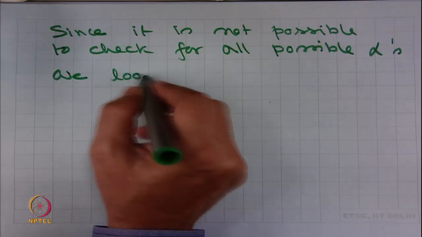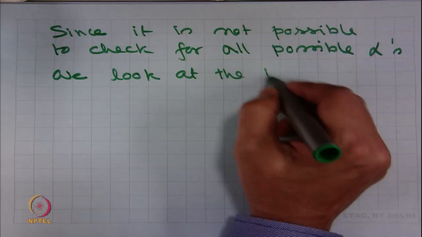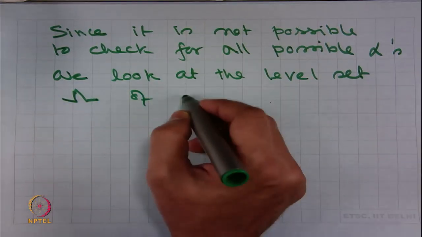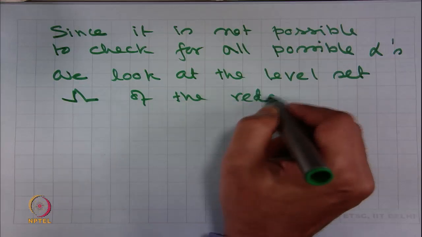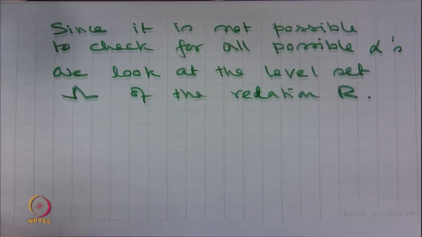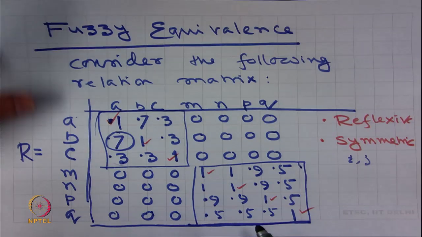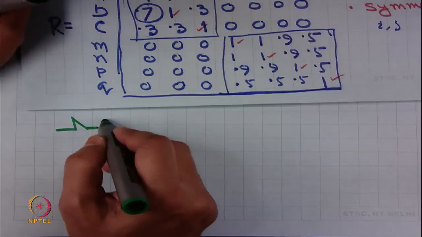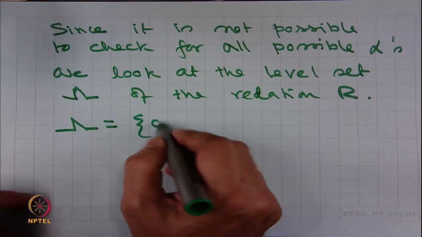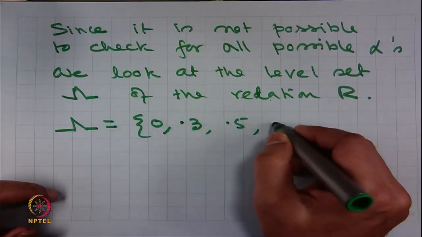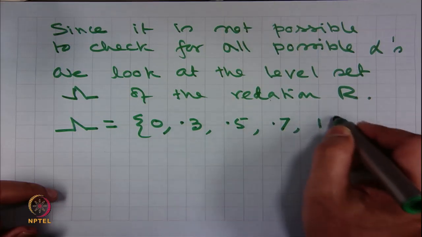We look at the level set lambda of the relation R. Now, if we look at the matrix very carefully, then we get the different alphas belonging to the level set of R: 0, 0.3, 0.5, 0.7 and 1.